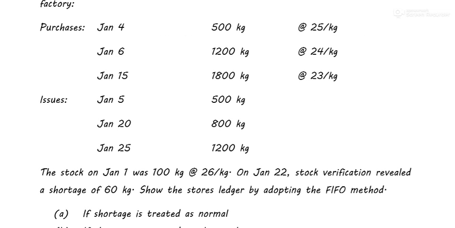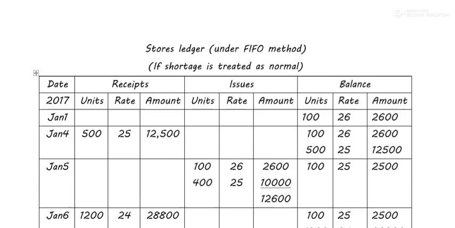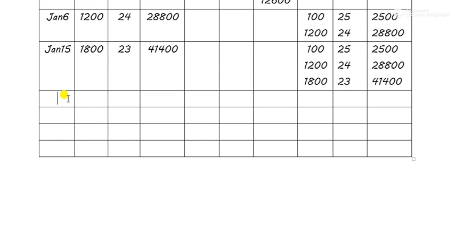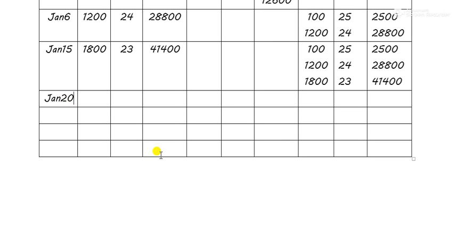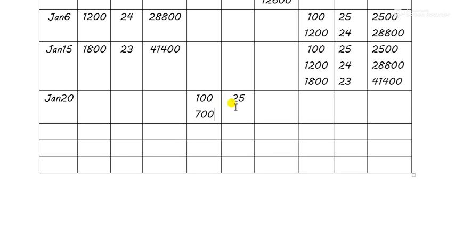On Jan 20, 800 kg of goods were issued. We issue from the first material first in first out: 100 kg at the rate of 25 rupees, and then 700 kg at the rate of 24 rupees. 700 into 24 is 16,800.